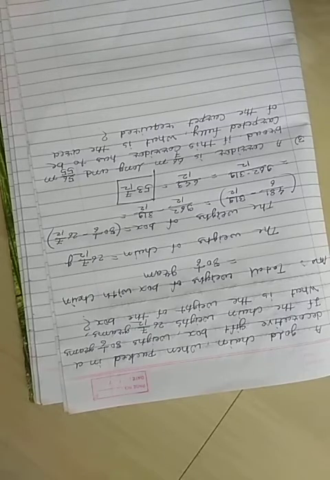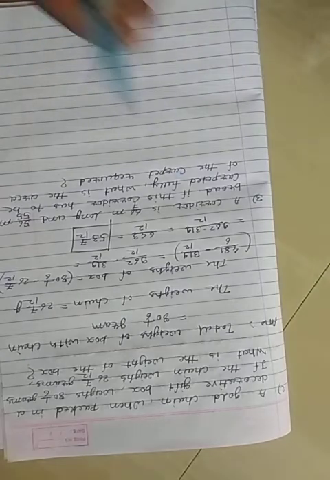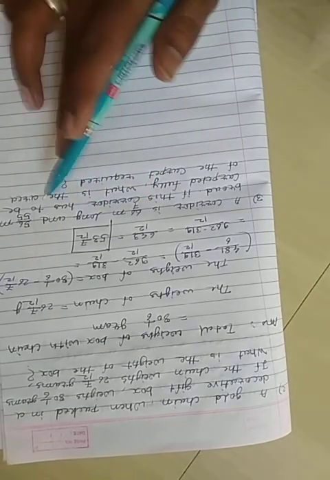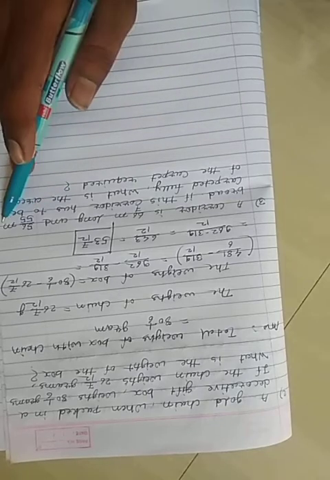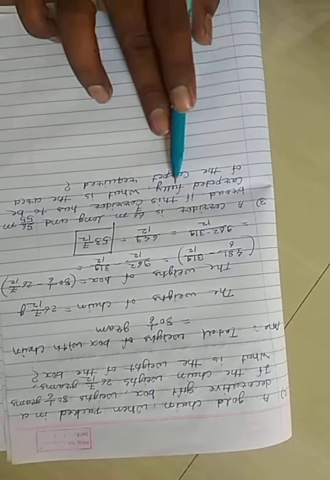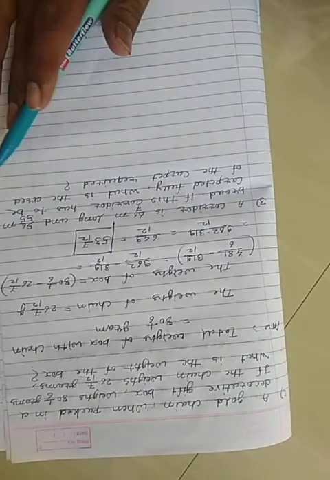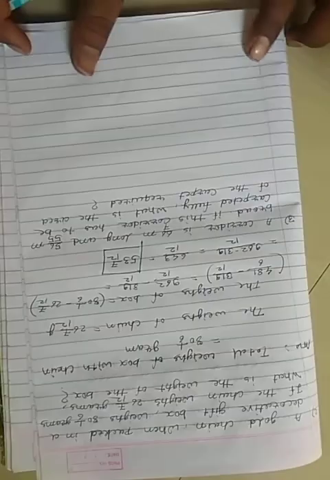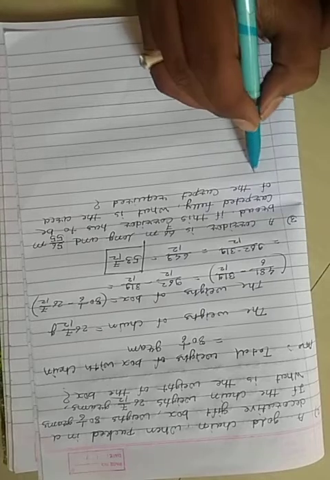Third one is there student, you can observe here. A corridor is 66 by 7 meter long and 56 by 55 meter broad. If this corridor has to be carpeted fully, what is the area of the carpet required? Now student, observe properly.